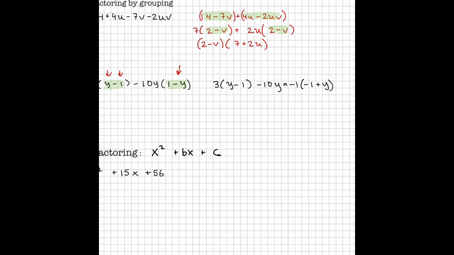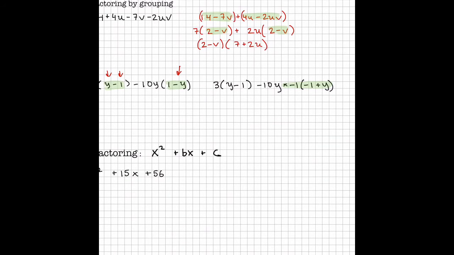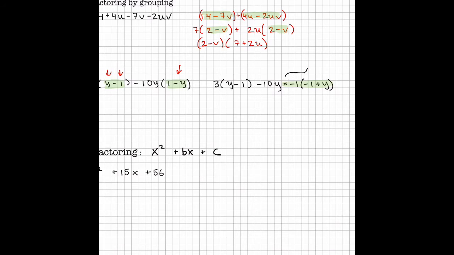This is the part that changed. I undistributed a negative 1 to get this term here. And if I were to multiply the negative 1 back, I would get my original expression back.